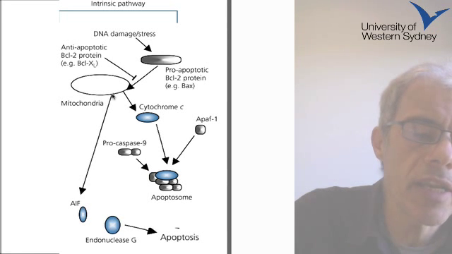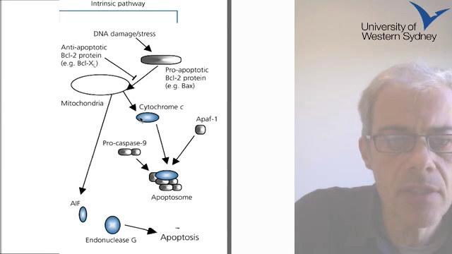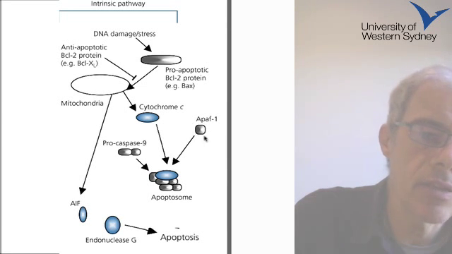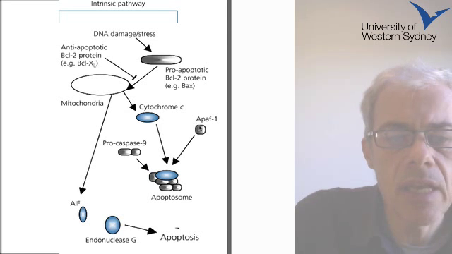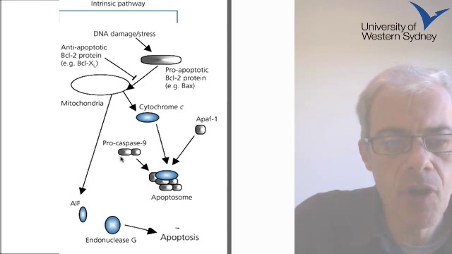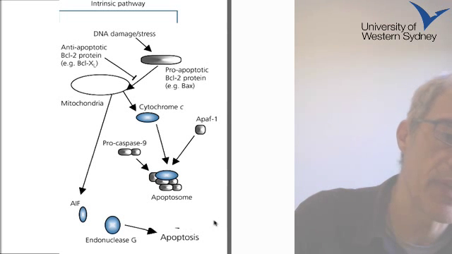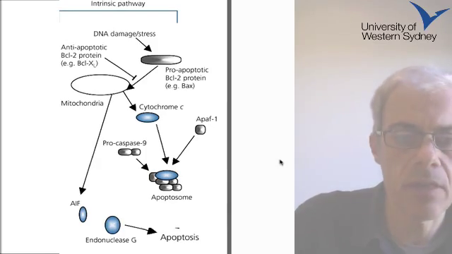This causes a change in permeability of the membrane, allowing cytochrome C to be released, and also the APAF protein is released from various factors, and the combination of the cytochrome C and the APAF allow this apoptosome to form, whereby these two factors and procaspase 9 aggregate, causing the autoproteolytic activation of the procaspase, and then this leads to the activation of apoptosis and other caspases.